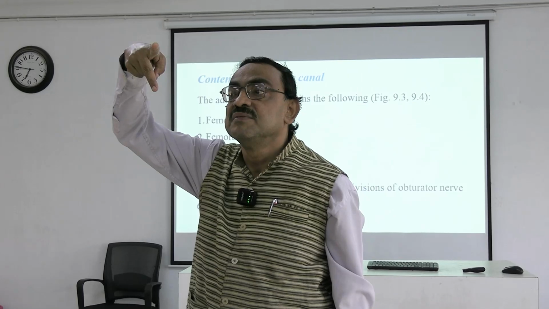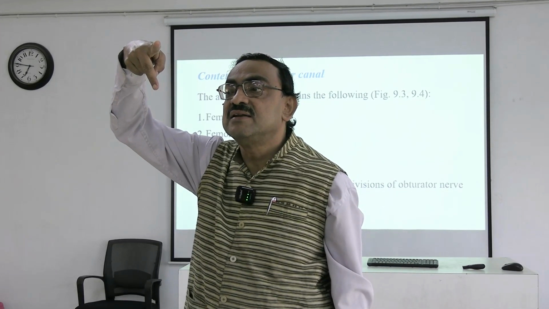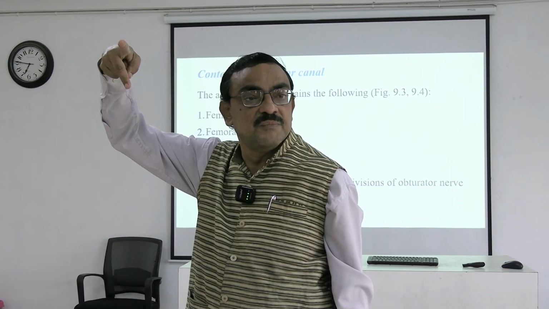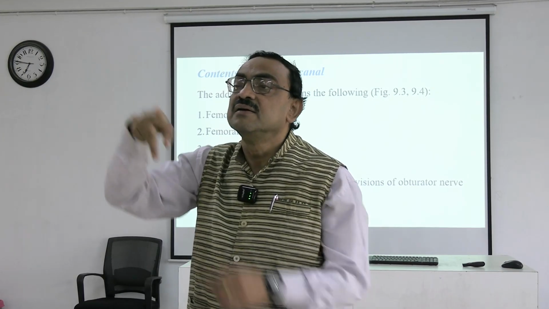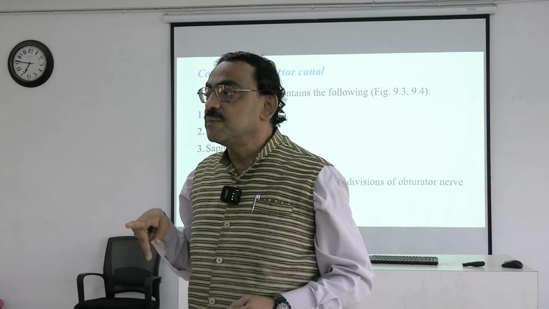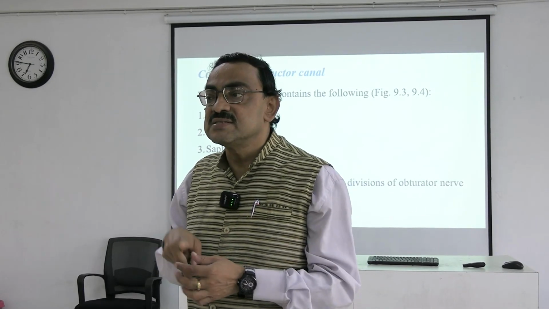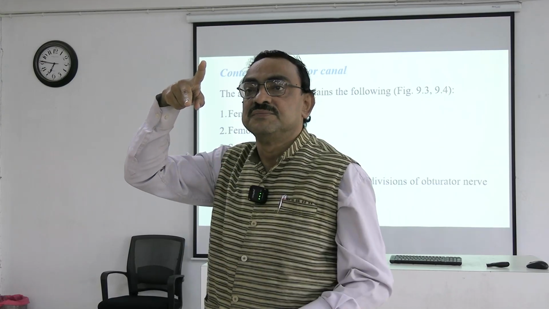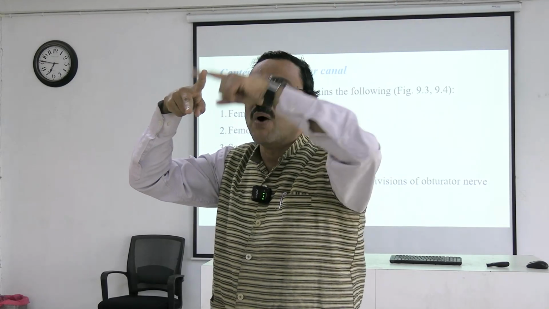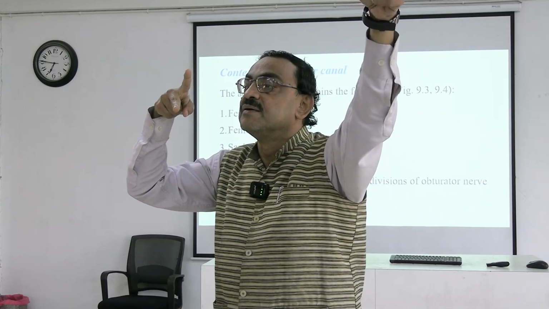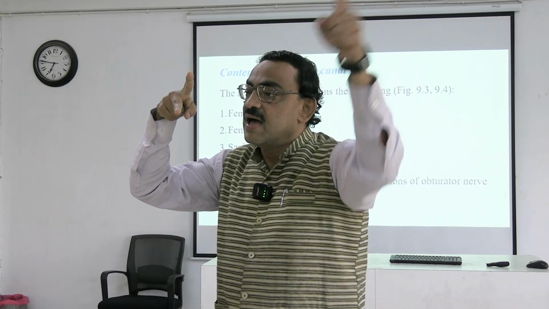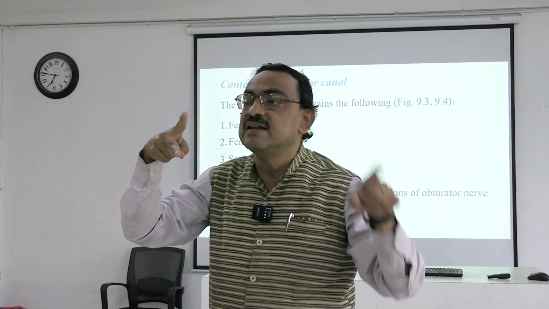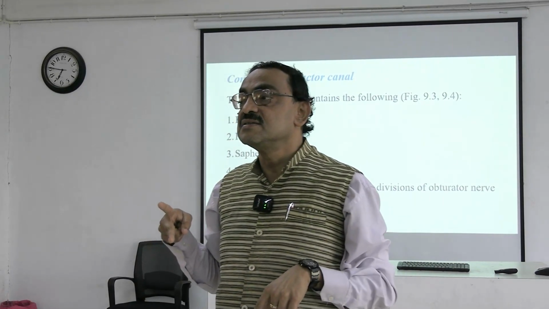The cutaneous are the intermediate cutaneous nerves, medial and lateral, and the medial cutaneous nerve of the thigh, and only one muscular branch to the sartorius, whereas the posterior division gives 4 muscular and 1 cutaneous. The 1 cutaneous is the saphenous nerve, and the other 4 means vastus medialis, vastus intermedius, vastus lateralis, and the vastus.